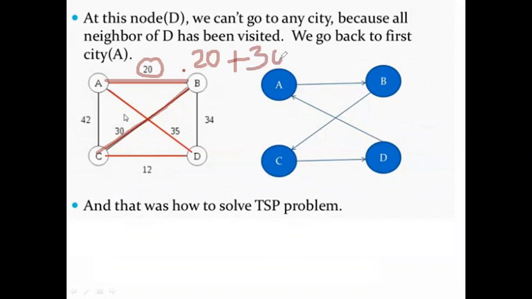So 30 plus, now we are in C. From C, which is the minimum cost, A again 42, but we are not able to visit D yet. So C to D is 12. So 12 and D to A is 35. So this is the minimum cost. Okay, minimum cost.